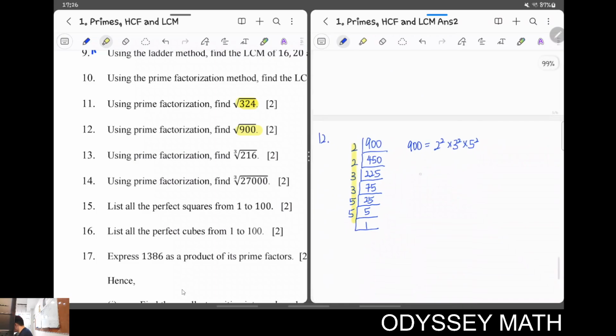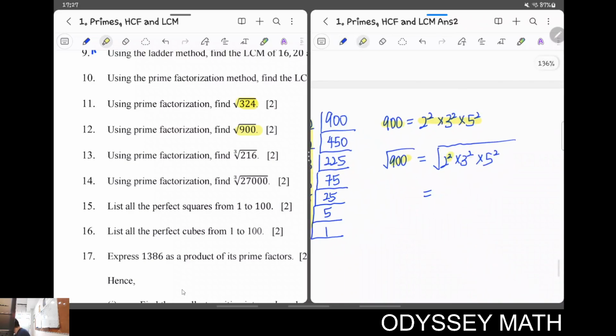And then what happens is square root 900 would be equal to, you replace the 900 here with this. So square root of 2 to the power of 2 times 3 to the power of 2 times 5 to the power of 2, right? And then the square root will divide all the powers here by 2. So 2 divided by 2 is 1. So it becomes 2 to the power of 1 times 3 to the power of 1 times 5 to the power of 1. We divide all the 2's here by 2, so it's power 1 here.